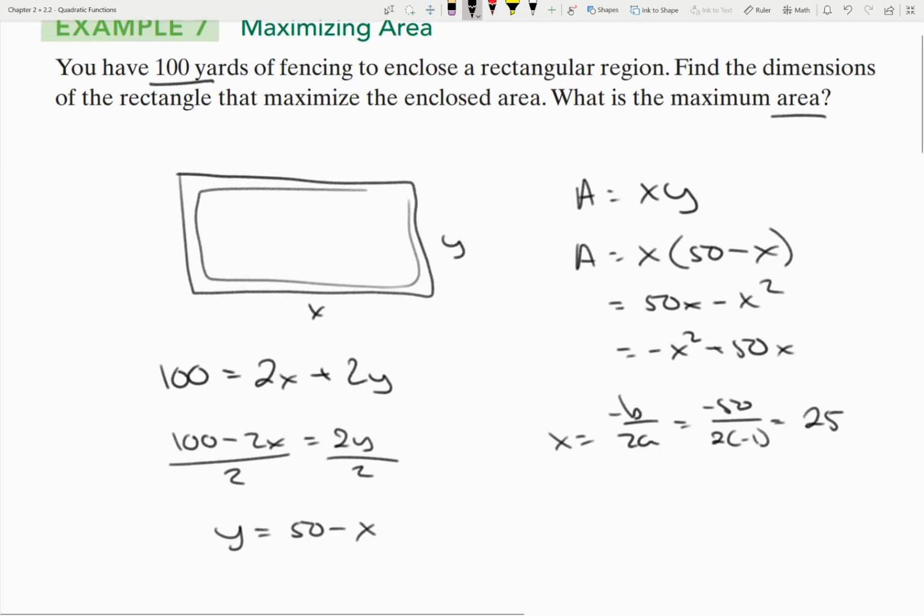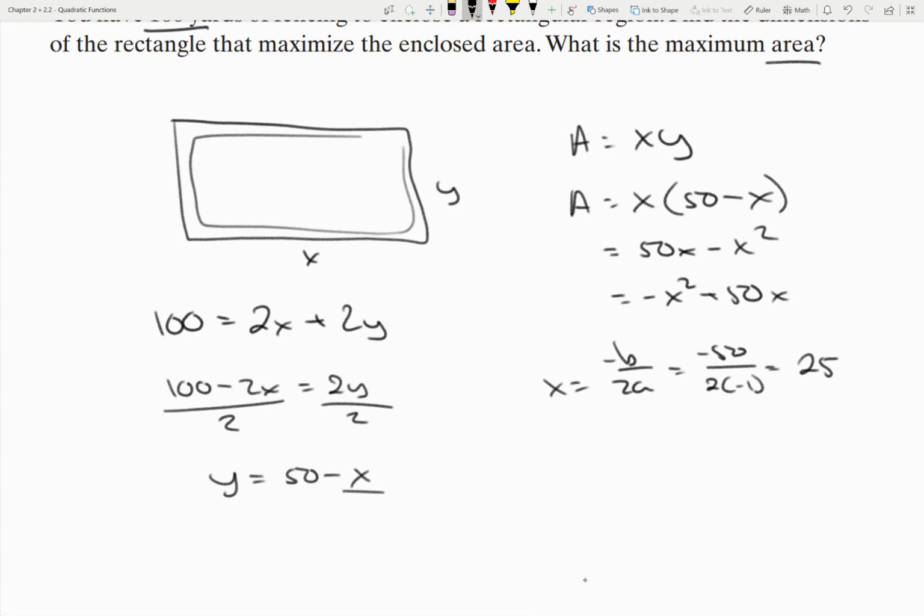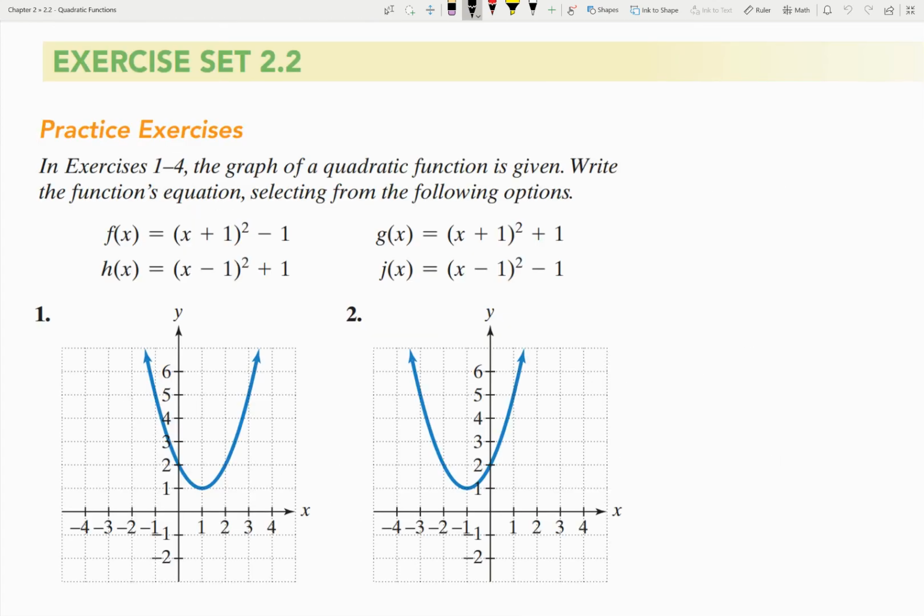Then plugging right back into our simplest equation, y is also going to be 25. So really, this enclosed area is going to be a square. And that was section 2.2, quadratic functions.